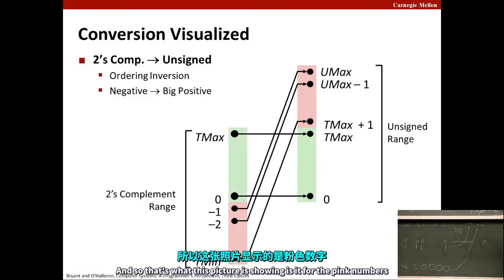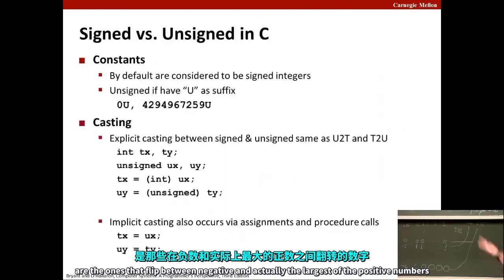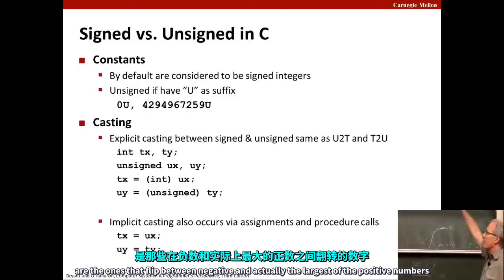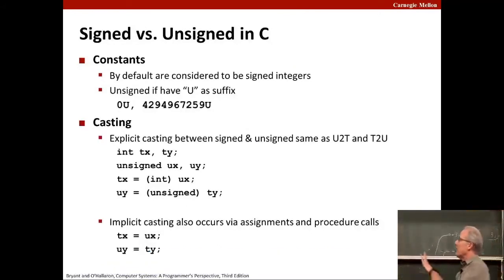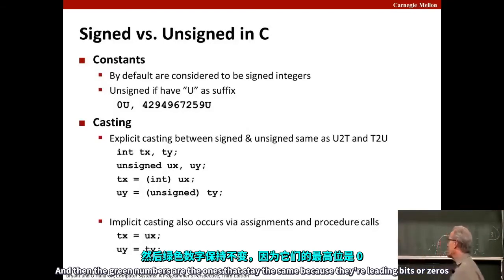Right? And that's what this picture is showing: the pink numbers are the ones that flip between negative and the largest of the positive numbers, and the green numbers are the ones that stay the same because their leading bits are zeros.